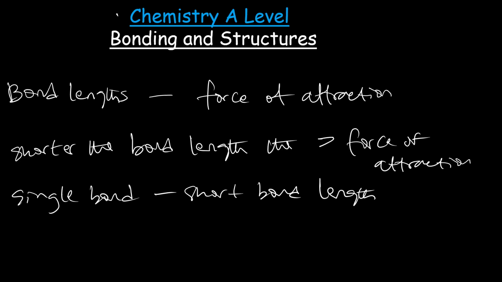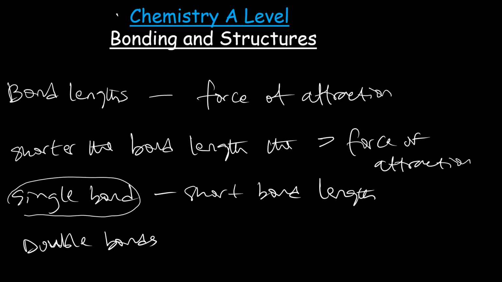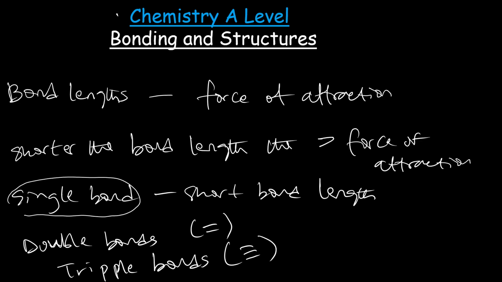So it means that in single bonds you're going to have the greatest force of attraction because it has the shortest bond length, followed by double bond, and lastly by triple bond. All right. So that is what's taken note of as well.